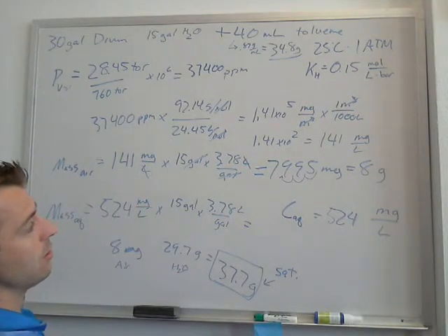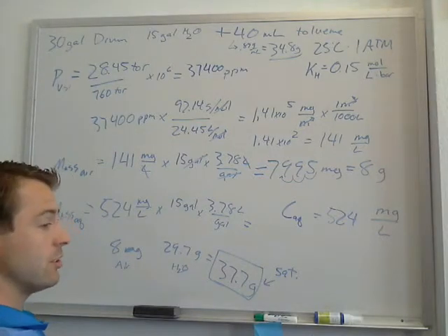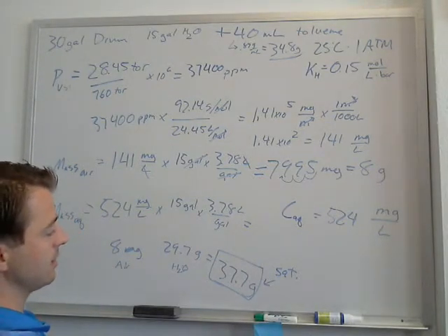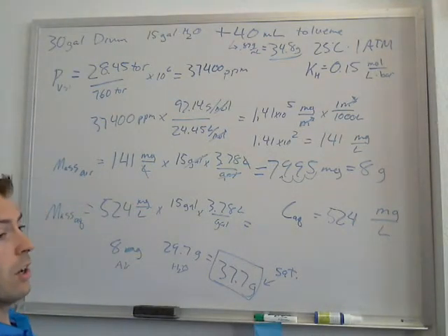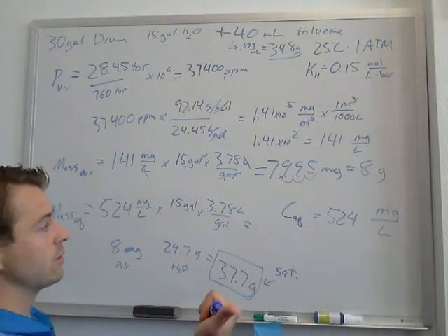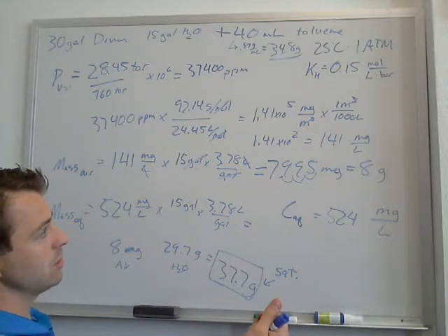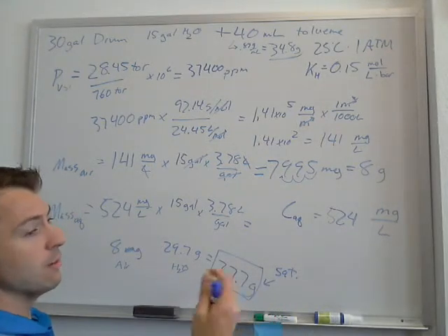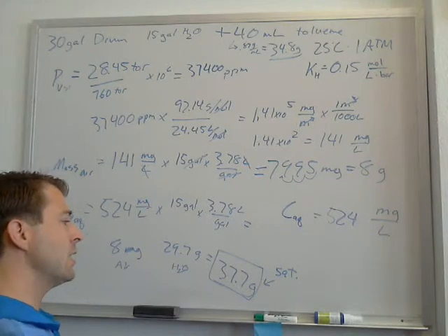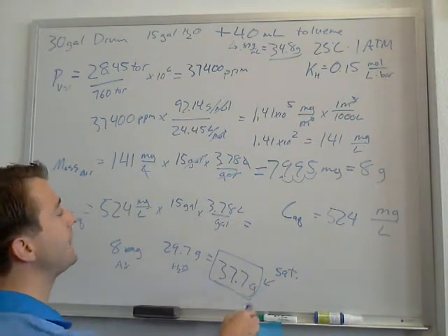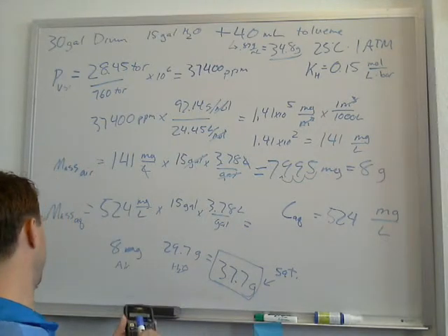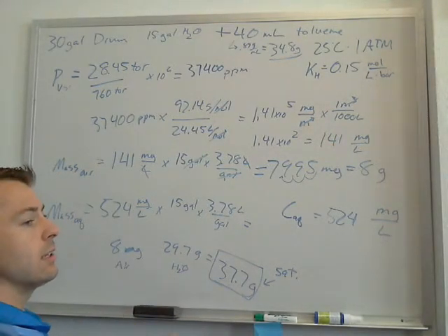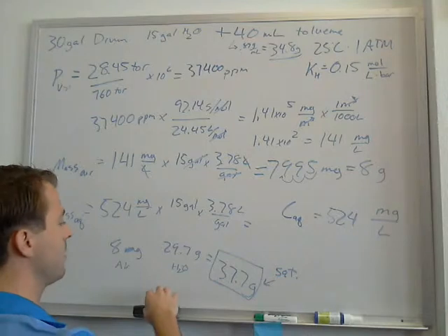So now we've got to solve this from the standpoint of, okay, let's use our Henry's law and calculate this. Since we have two unknowns in Henry's law, our concentration in the aqueous phase compared to our concentration in the vapor phase, we look at it in terms of mass because we have a known mass. And we express one concentration in terms of the other.